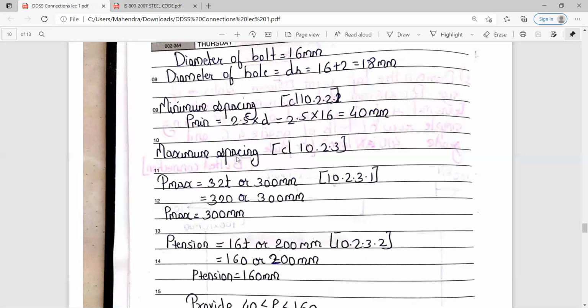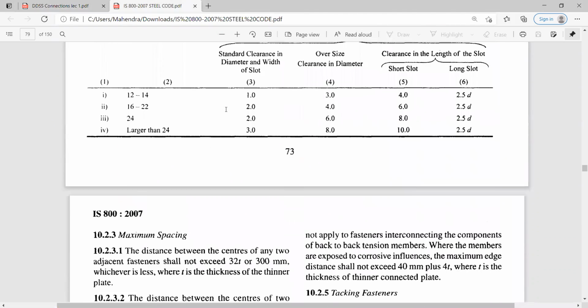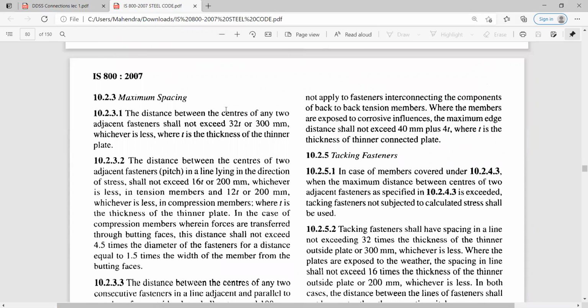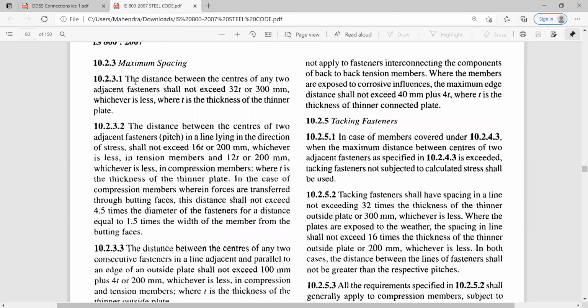Then maximum spacing. Again maximum spacing के लिए you need to refer IS code clause number 10.2.3. अभी 10.2.3 क्लॉज नंबर हमें बोलता है the distance between the center of any two adjacent fasteners shall not exceed 32T or 300 mm. मतलब 32T और 300 mm में से जो भी छोटा वैल्यू है that you have to consider for the design, whichever is less.